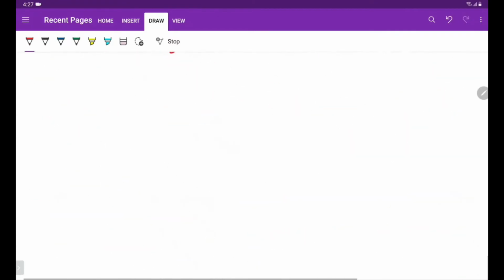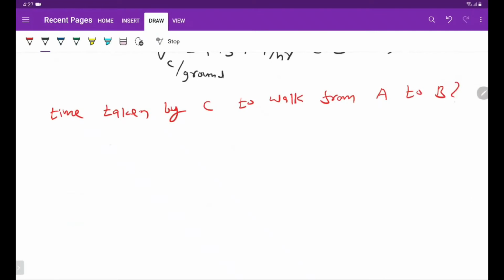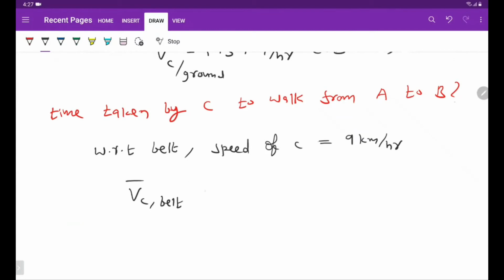So here, what is the speed of C with respect to belt? See, with respect to belt, the speed of C is equal to 9 km per hour, given already. That is the velocity of C with respect to belt given.